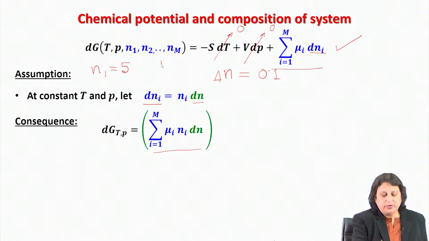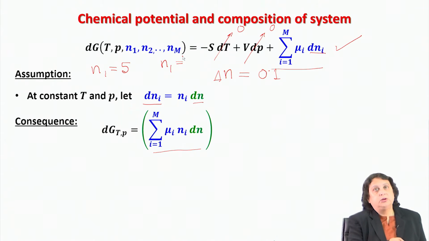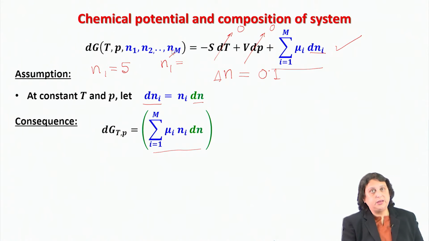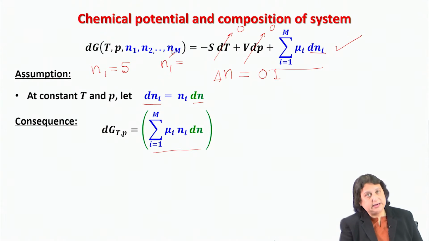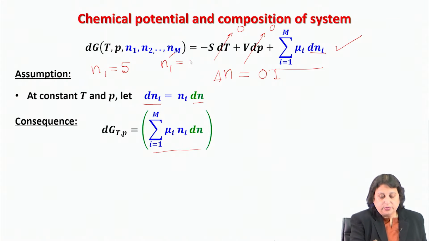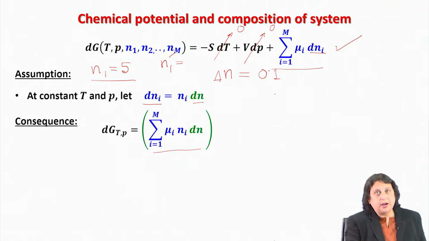The new value of N1 is going to be N1 plus delta N times N1, so all I'm saying is N1 is going to change by 0.1 or 10%.